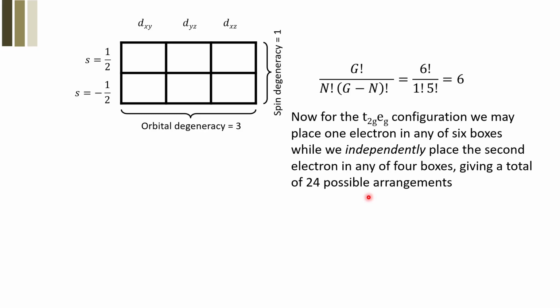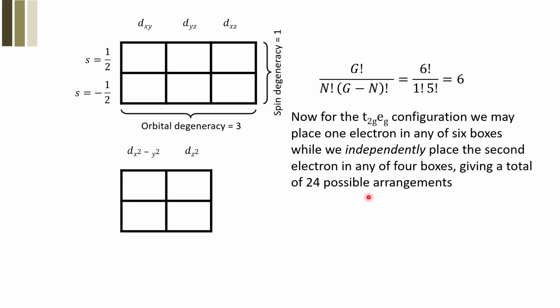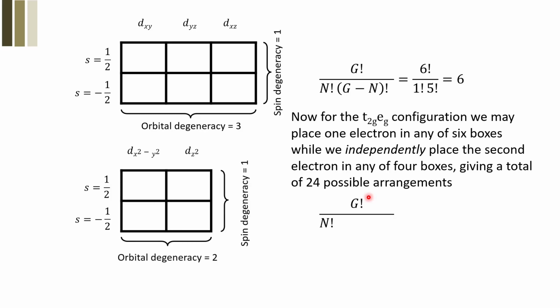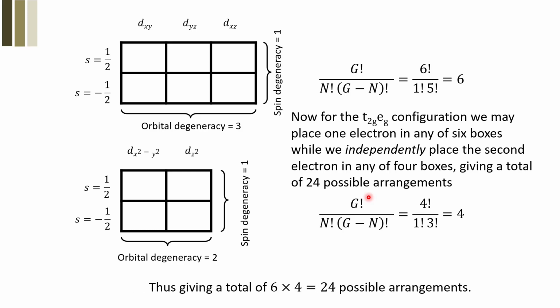There are 6 unique possibilities, because one electron has to be placed in the 6 boxes. And if we talk about the Eg set of orbitals, that is dx²-y² and dz², the orbital degeneracy would be 2 and spin degeneracy would be 1. So 4 combinations in such a system would be possible, and a total of 6 into 4, that is 24 possible unique arrangements are there.